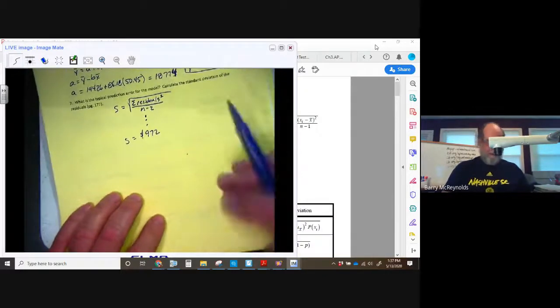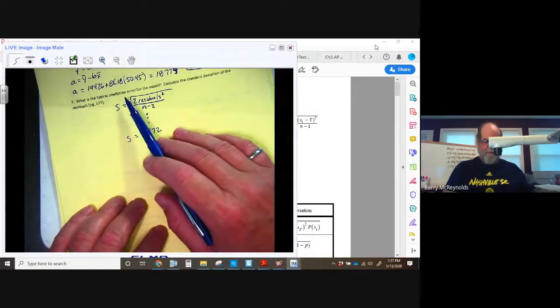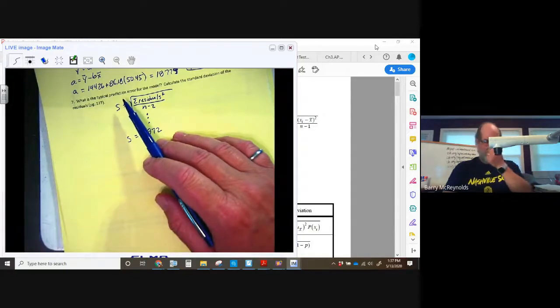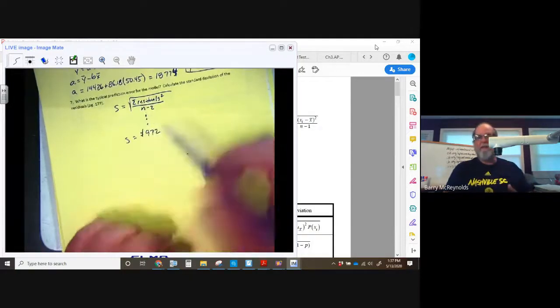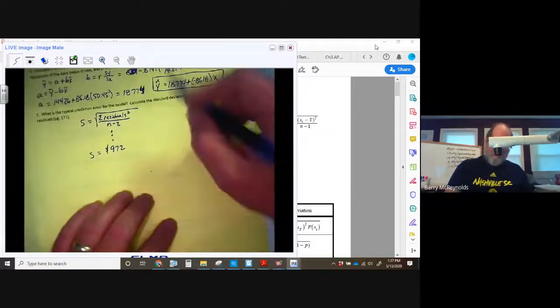And so this is what I want you to recognize. The prediction error is the amount that the model or the prediction line is expected to be off for any particular value of X. In other words, it's almost like a confidence interval.